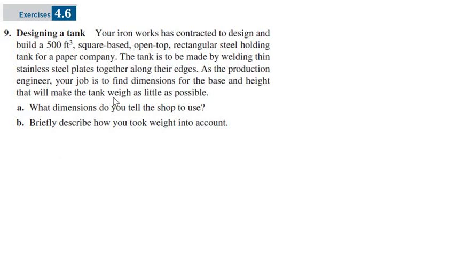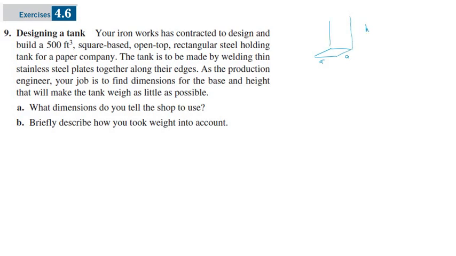In other words, we need to find the minimum area of the tank with steel plates, so that it will weigh as little as possible. So let me draw the tank. Let's say we have a tank with a base of all A's, and then the height of the tank is, let's say, h.